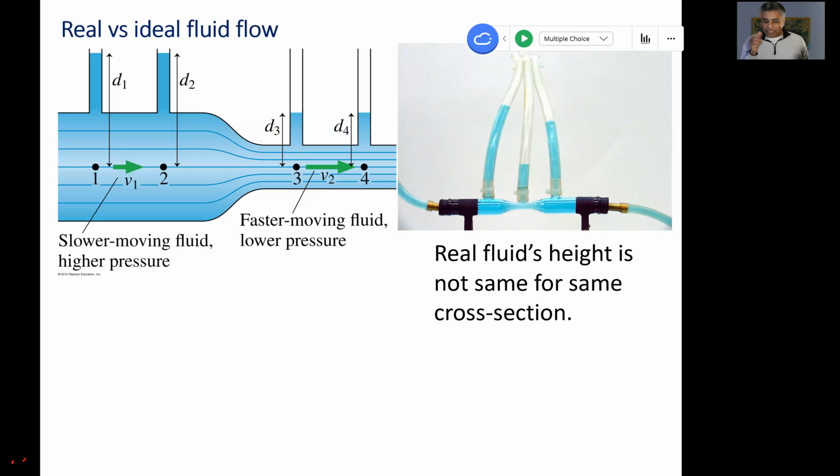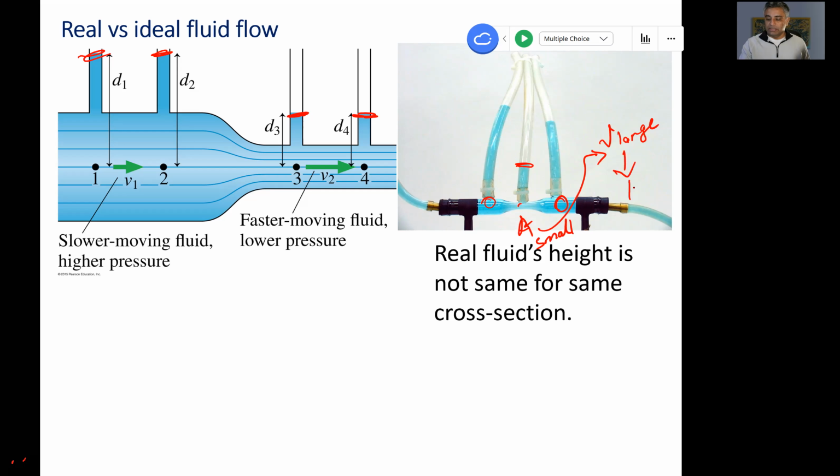So what happens is we may expect to see the same height if it was ideal. But what happens is from one side versus another side, it makes sense if the area is small, B large, A small, B large.